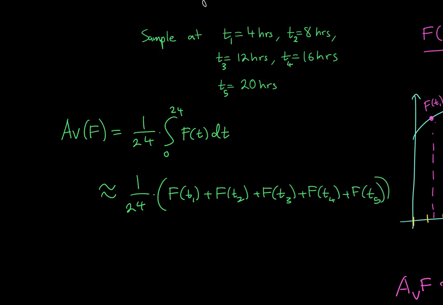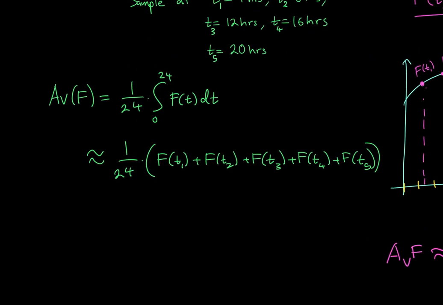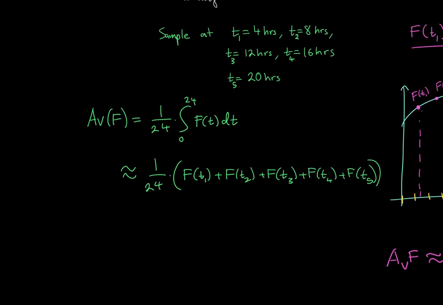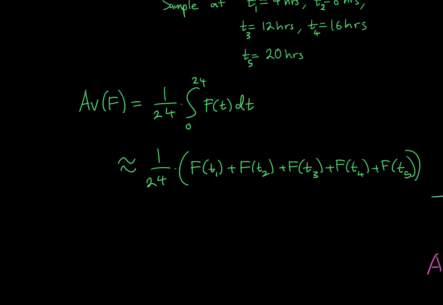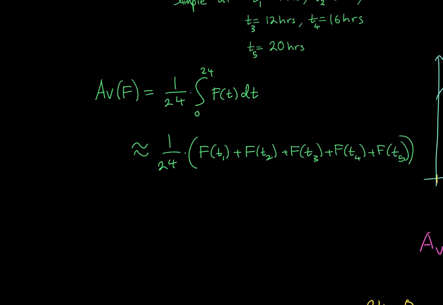And of course, we can imagine these as right endpoint rules. Oops, I have forgotten the base of my rectangles. So let's see, are they all 4 hours? Oh, it is all 4 hours. Okay, so times 4 hours. So that would be 1 over 6 times the sum of these.